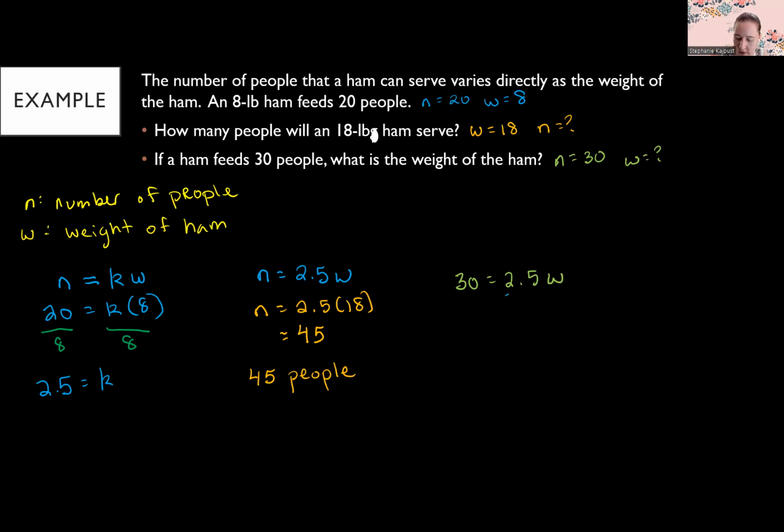So I need to divide both sides by 2.5. And that comes out to 12. So to feed 30 people, you need a 12-pound ham.